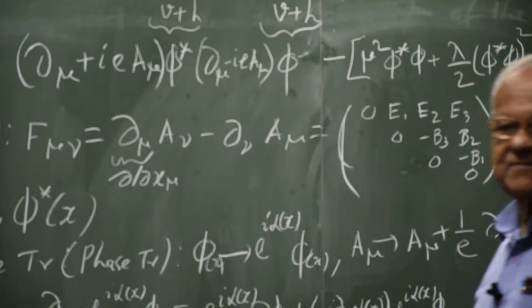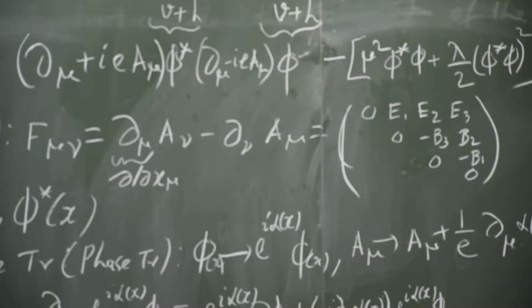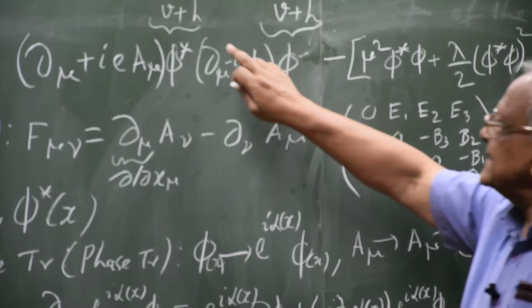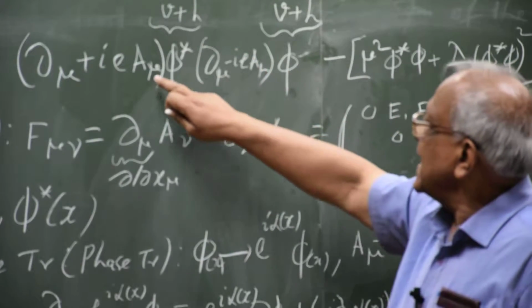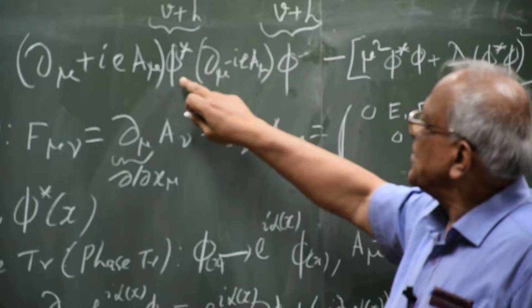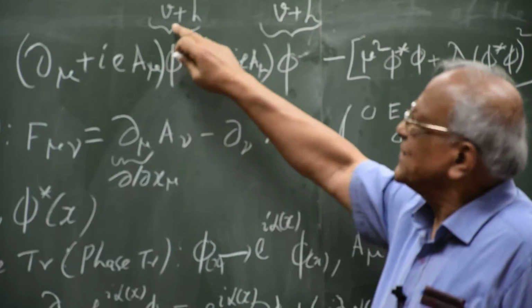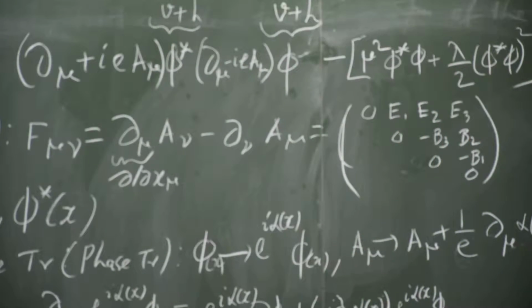So you are getting a quadratic term in A mu whose coefficient is e square V square. You did not put any mass term by hand, but you got a mass term through the back door.